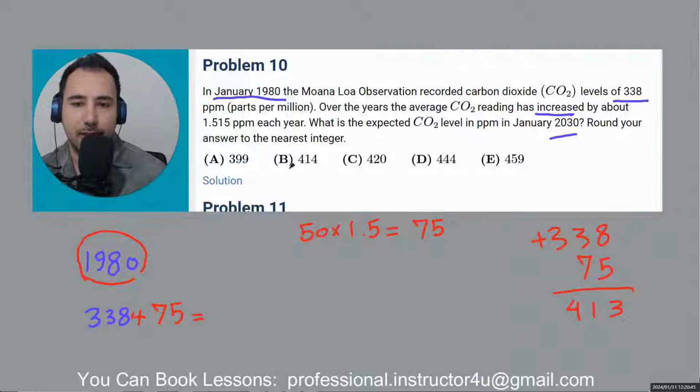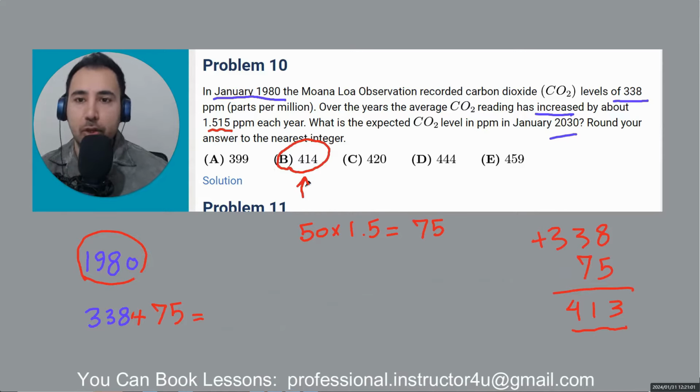So it's closer to option B. Remember also we rounded this down, and your answer is 413, so it's supposed to be slightly more. Okay, that's it. So you see, a diagram helps organize our mind, to really understand the information.